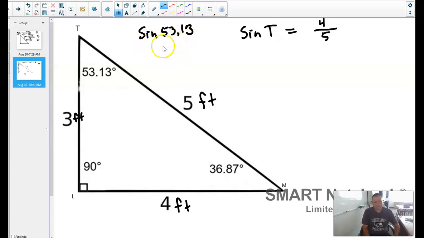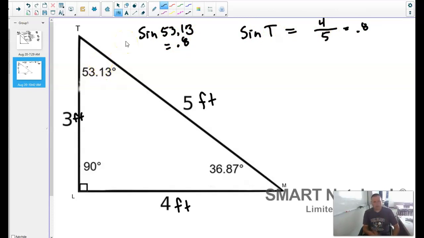Well, that gives me 0.8, but what is 4 over 5 equal to? If you go 4 divided by 5, that's 0.8. So see how that angle is always going to give me that same ratio, okay?